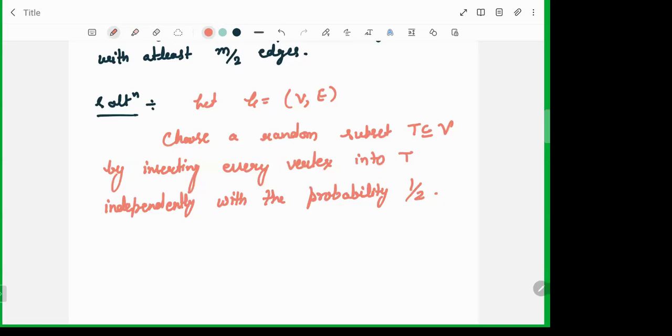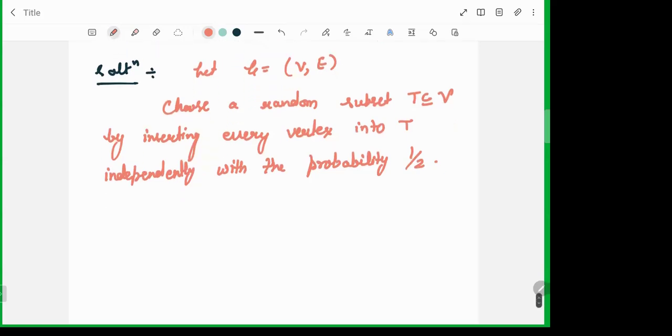For a given edge e, so like what is the indicator variable?